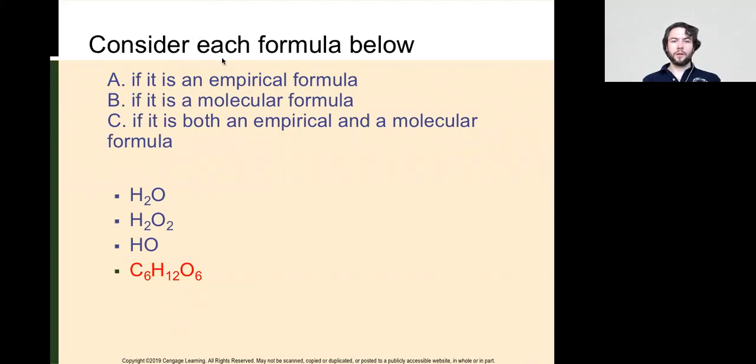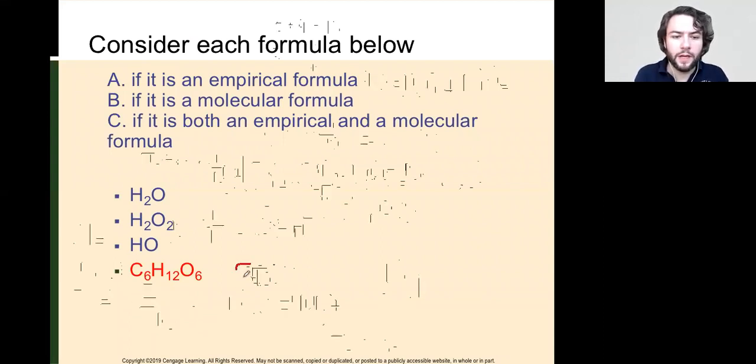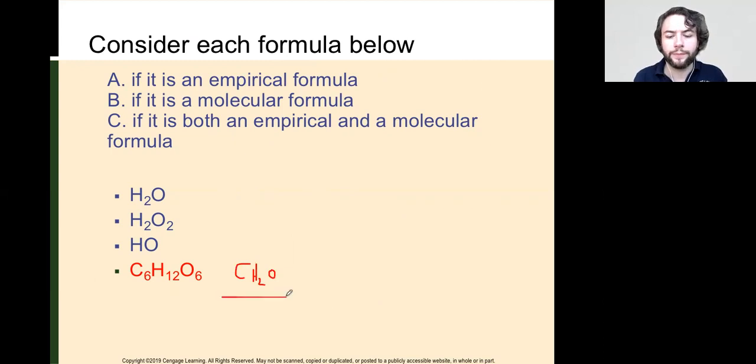Yep, you're all right. Everyone gave answer B. It is a molecular formula indeed. The empirical formula here, coincidentally, you have to divide this by 6, so you get CH2O. That would be the empirical formula.